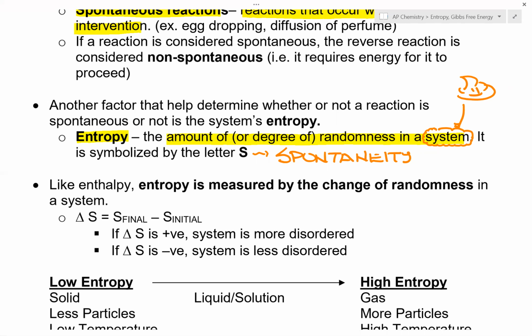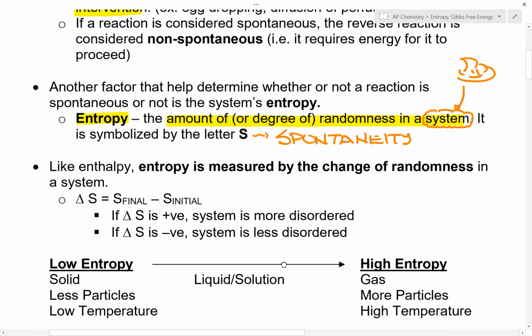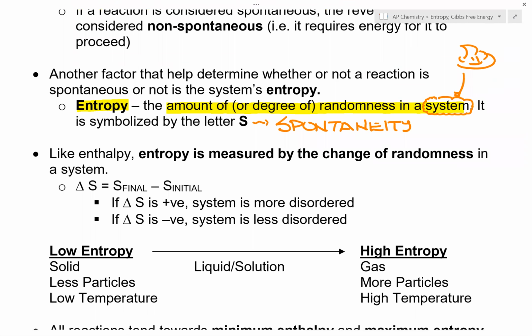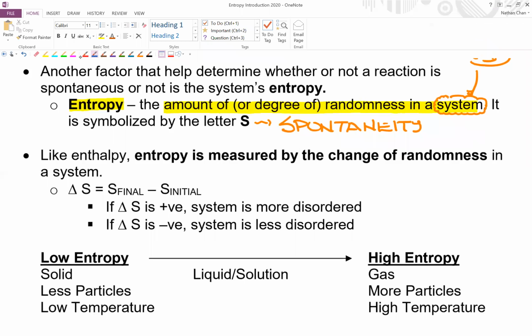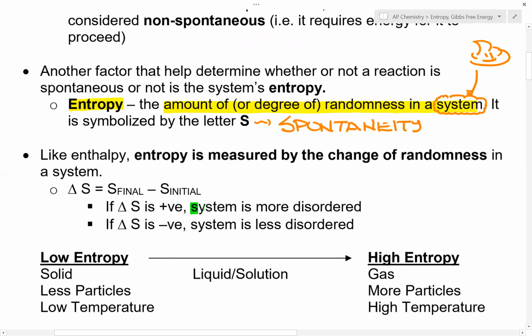For delta S, we take a look at the randomness of the particles in the final state versus the randomness in the initial state, and we take the difference between the two. Depending on whether delta S is positive or negative, the system is more or less disordered. And notice the key word here, again, is system.